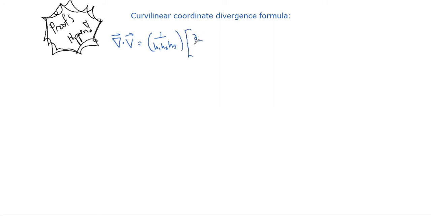And then I have d by dq1, v1, h2, h3, and you'll be able to see the pattern really quickly. And I'll write it in such a way that you can see the pattern really quickly. So there are other ways of writing this where you put all the components, the v's, out front, but I like this because when you look at the indices, you kind of see what's going on.